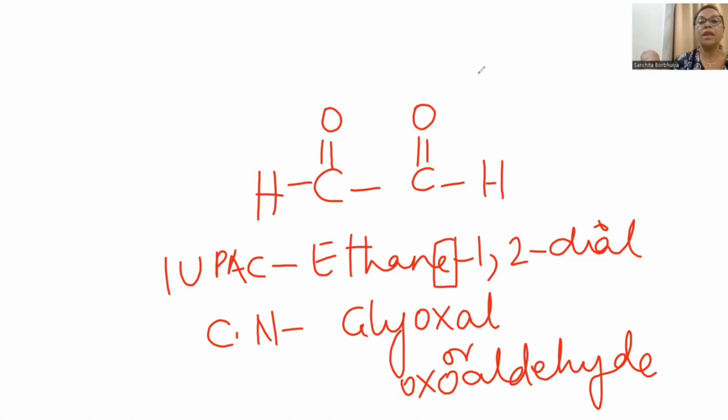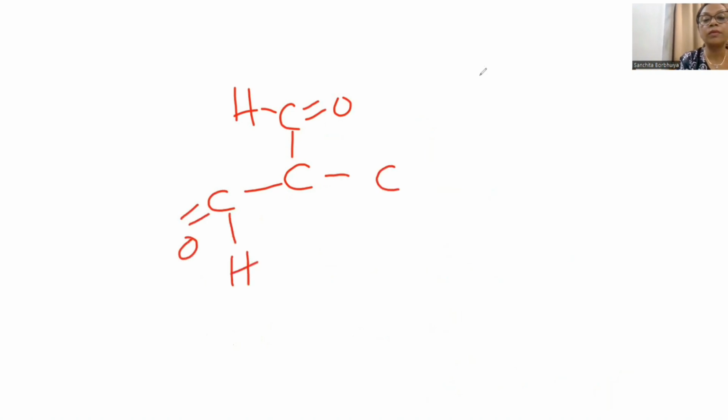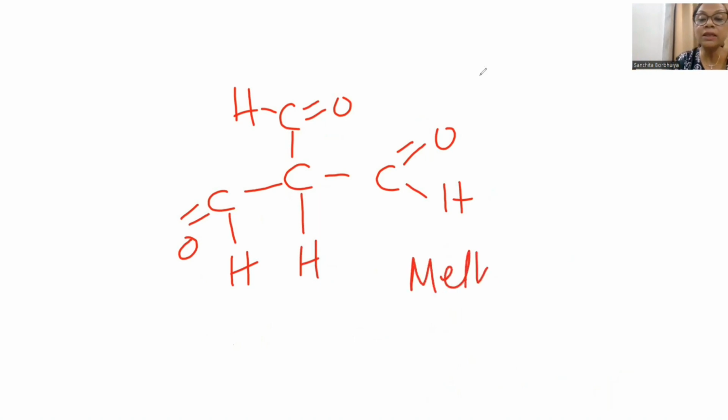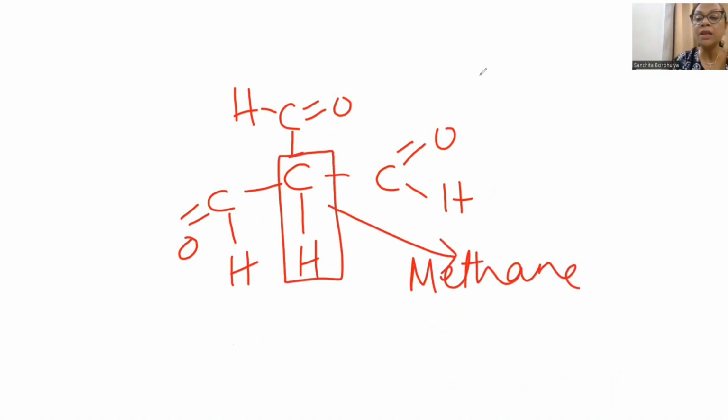So next, if you have 3 aldehyde groups connected to a carbon, what would be the IUPAC name of this compound? You will call it methane. For this carbon, there is a 1 carbon species, so methanetricarbaldehyde.